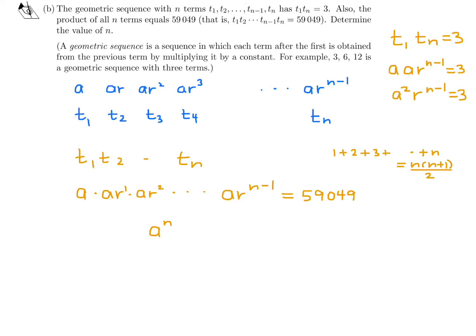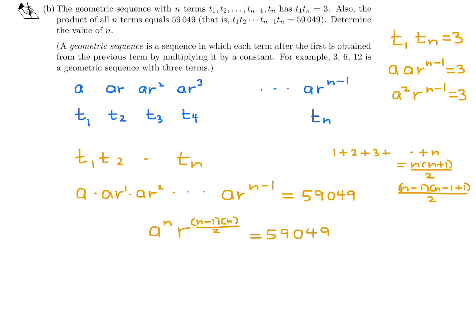But this time, we're adding until n minus 1. So the sum becomes n minus 1 times n minus 1 plus 1 over 2. So it really is r to the power of n minus 1 times n over 2.